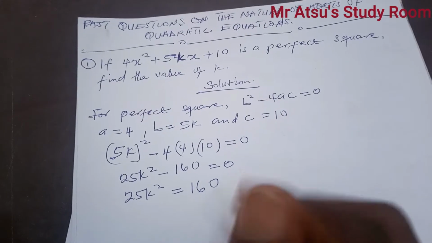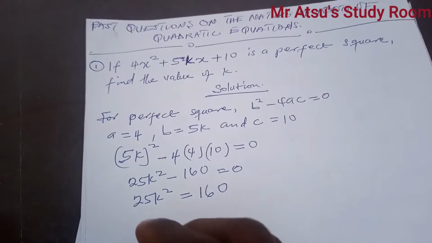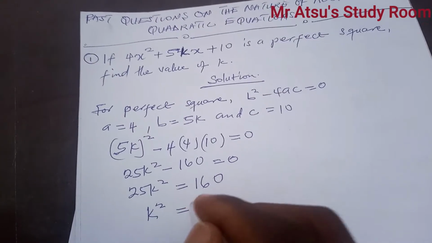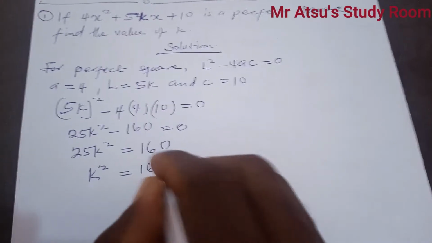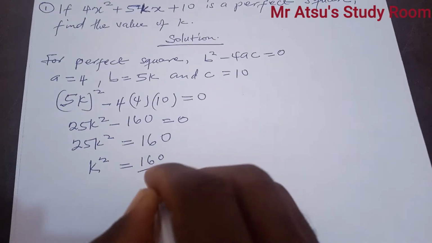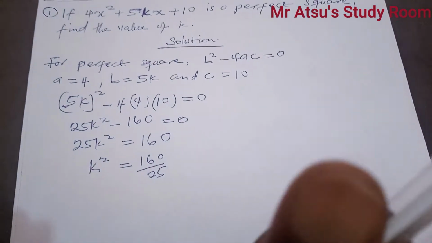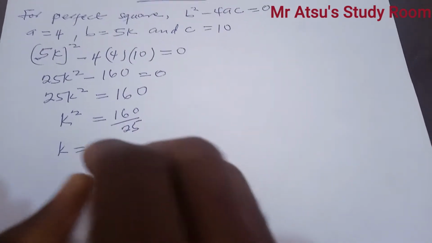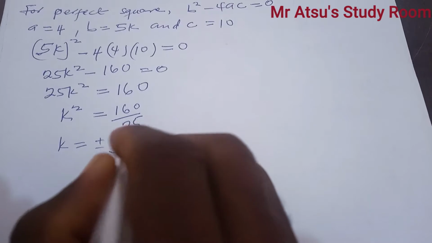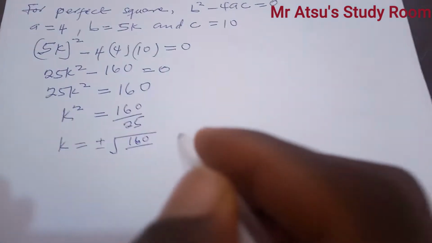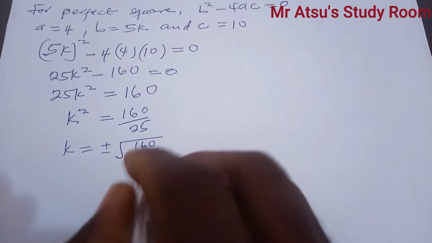We divide both sides by 25. We're going to have k squared equal to 160 over 25. k will be equal to plus or minus the square root of 160 over 25.